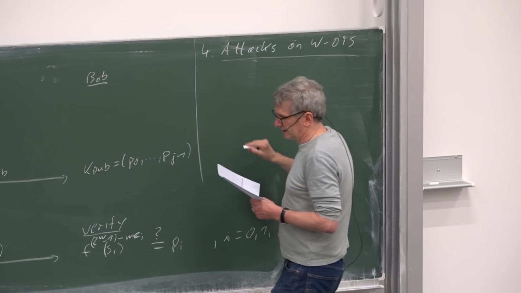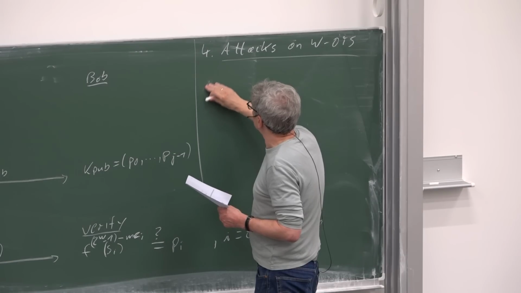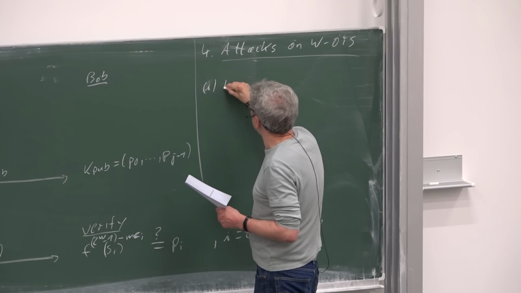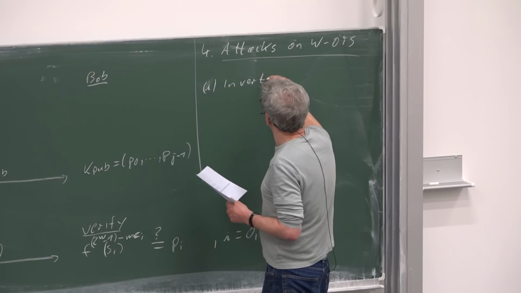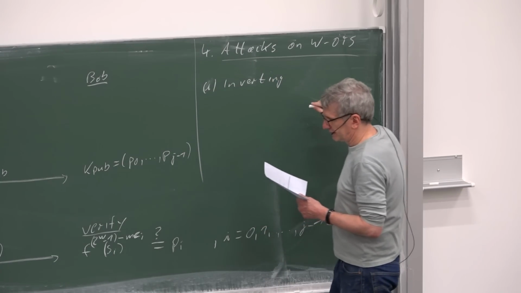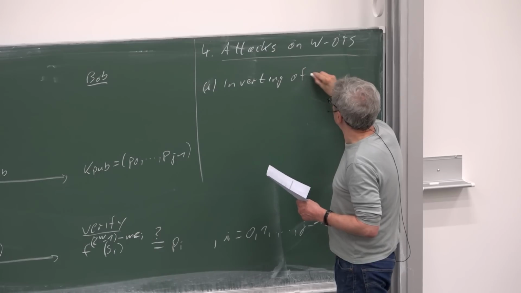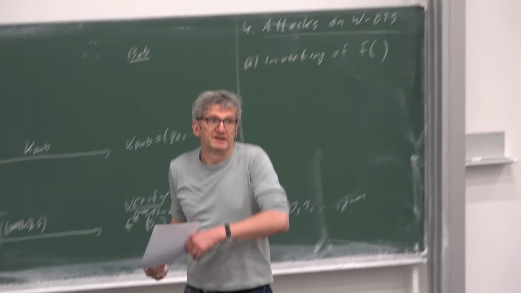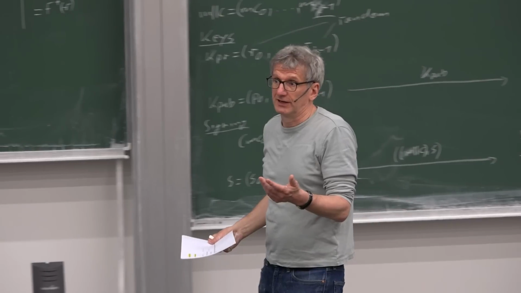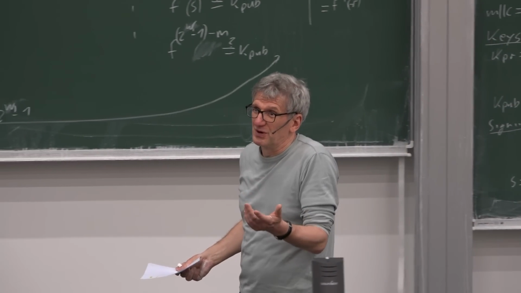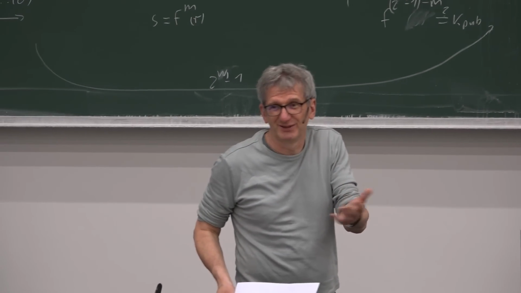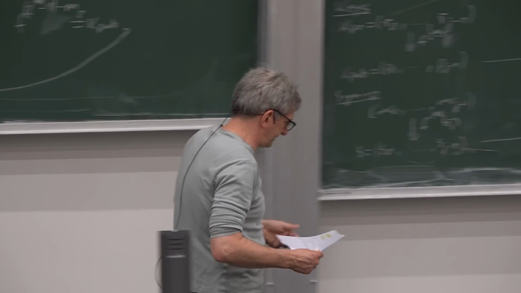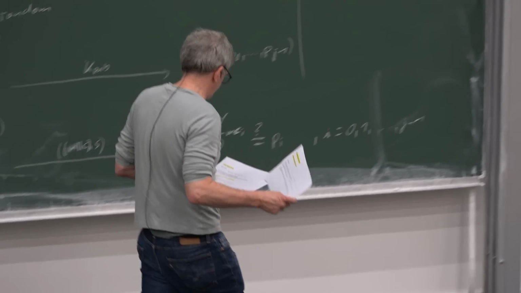The first attack, let's call that I, is inverting of F. This is bad. I mean, this is equivalent of breaking AES, right? And you can say, okay, what's the weakness against AES? Well, you break the actual AES. You find a mathematical way to compute the key.